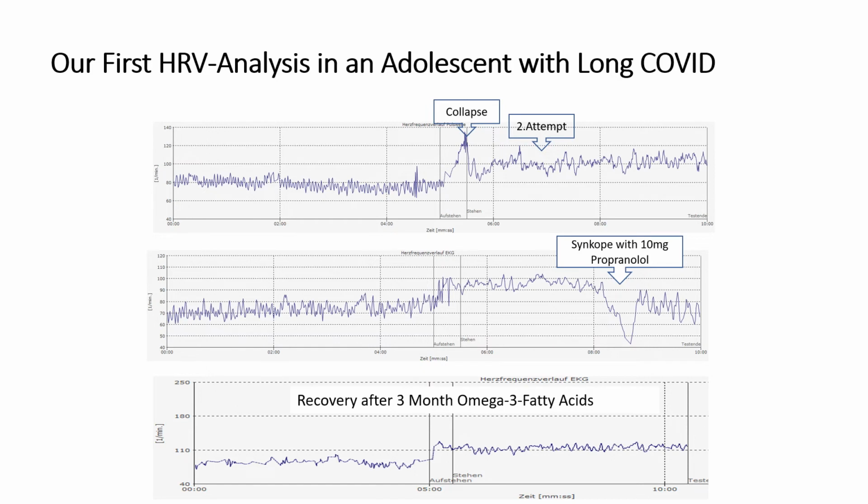This is our first published case with long COVID in adolescents. After mild disease, the 16-year-old girl collapsed immediately after standing in the active standing test. She received propranolol and had a clear clinical improvement, but again, after 2 minutes, she collapsed with a vagovasal syncope.